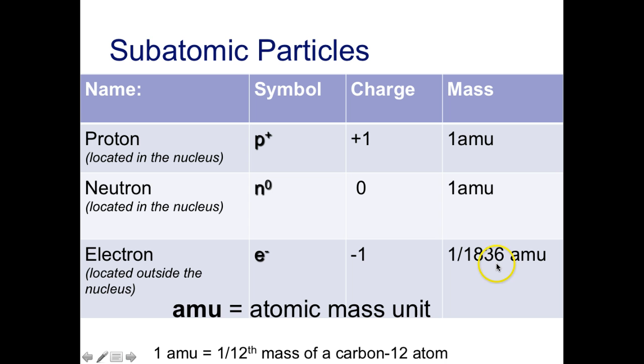The AMU mass for the electron is extremely small. Protons and neutrons have a mass equivalent to 1, and the electron has a mass that is 1 over 1,800 smaller than that.